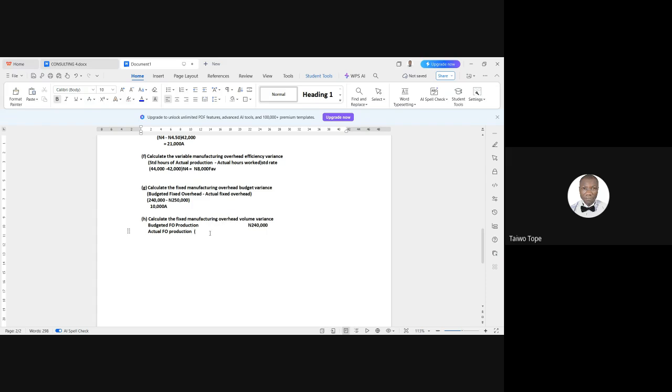This will be 11,000, which is the actual unit, multiplied by the standard rate. And for this, the outcome is going to be what? So 64,000.